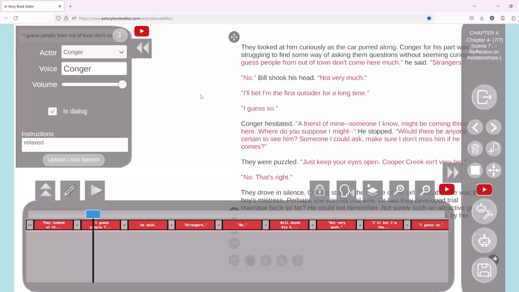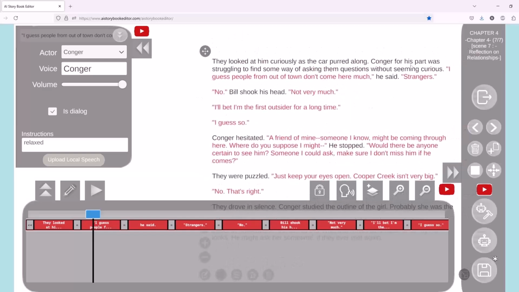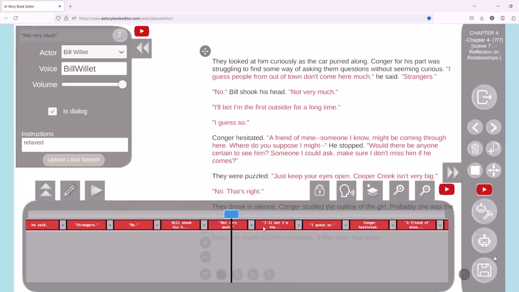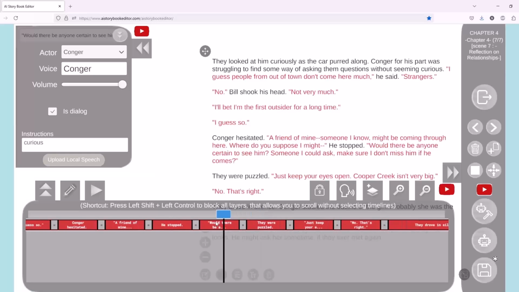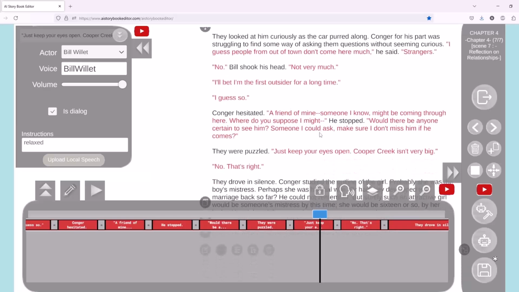Okay, this is Conger, Bill, Conger, and Conger. Bill, Conger.